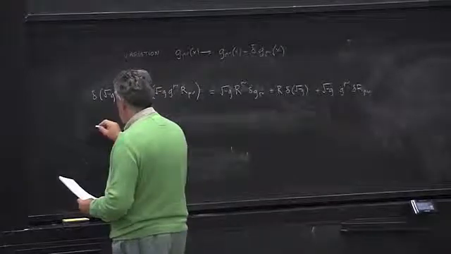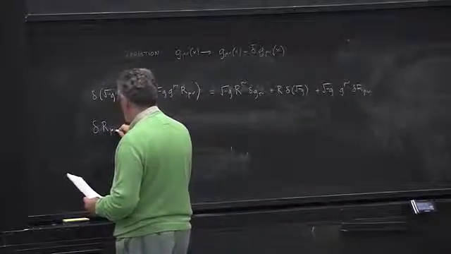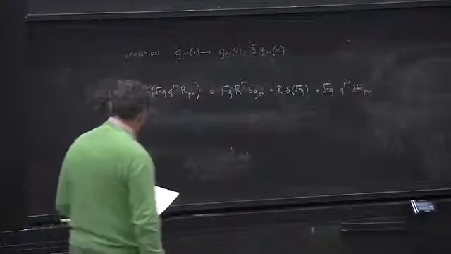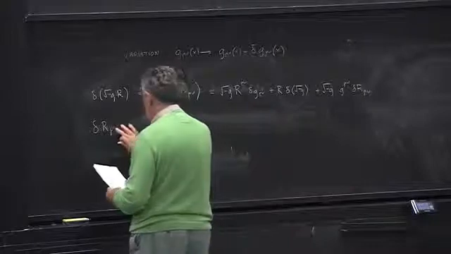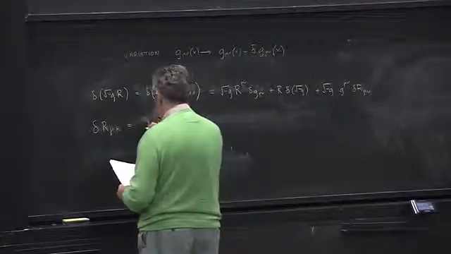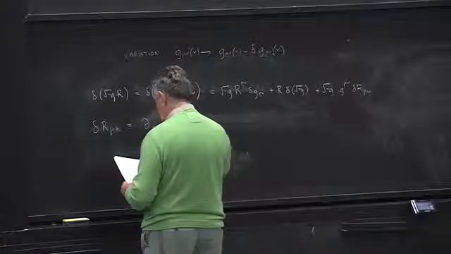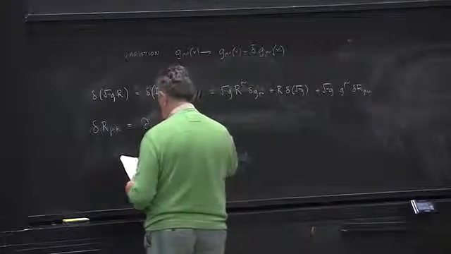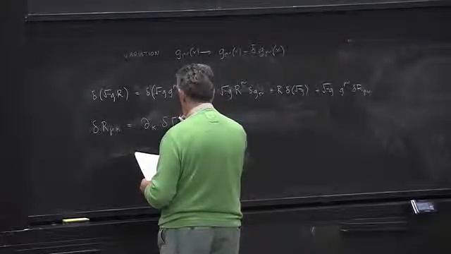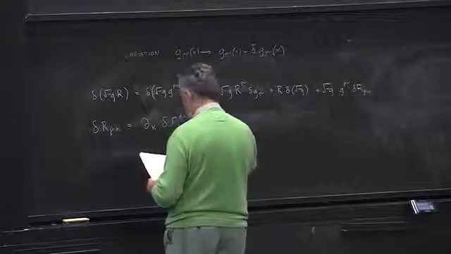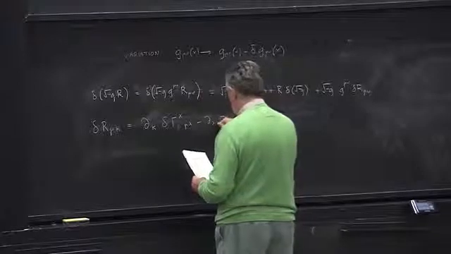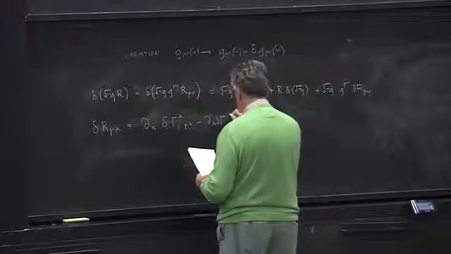Now the hard part is delta R mu nu. But we get that from its definition as the contracted Riemann tensor. And we can write it in terms of delta gamma.